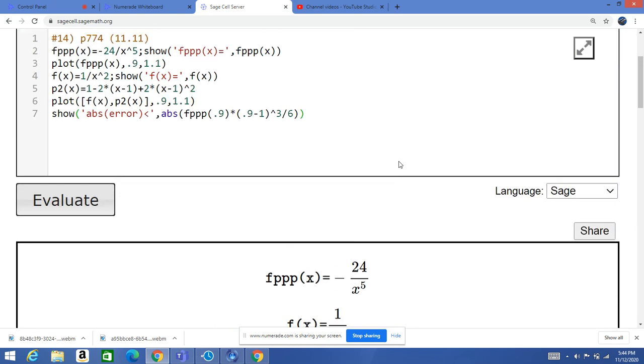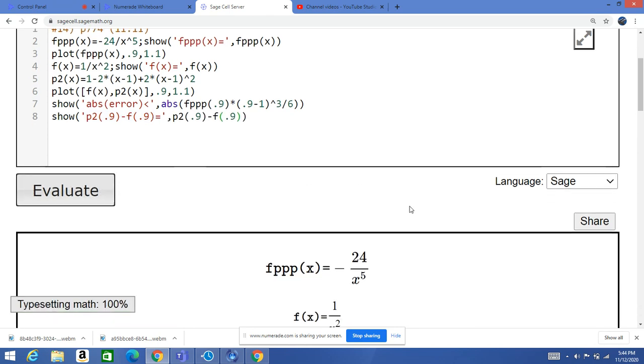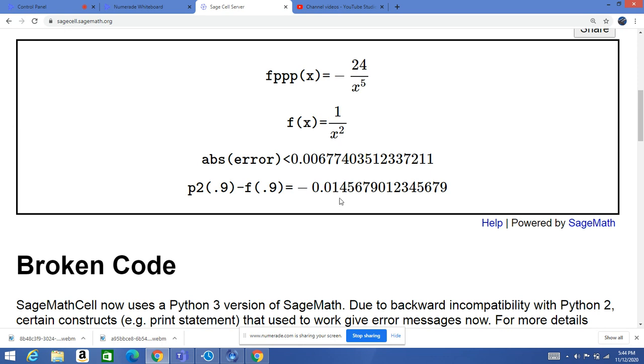So what is the actual error? Well, let's compare P2 at 0.9 to the function at 0.9. And we get, let's see here.